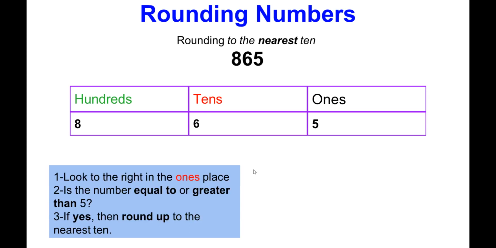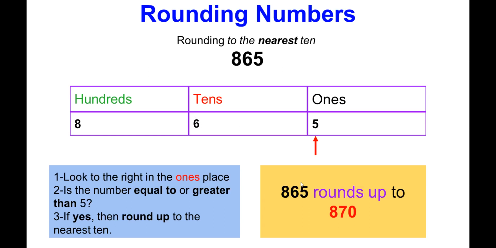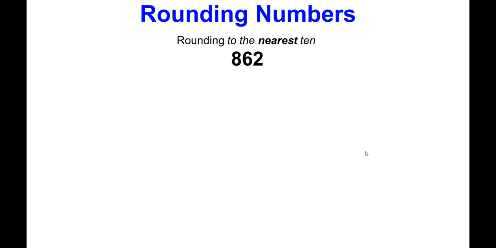For me to round to the nearest 10, I need to go and see the ones place. Is the number equal to or greater than 5? If yes, then I'm going to round up to the nearest 10. So if I'm going to round up, what number would go there? I would round up to 870.